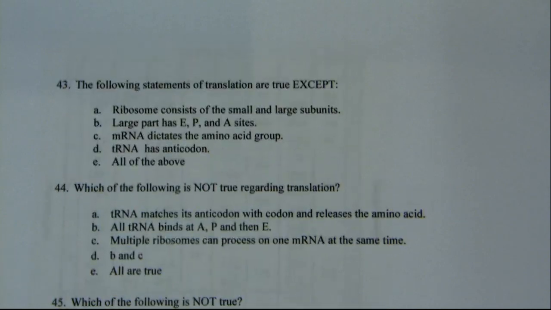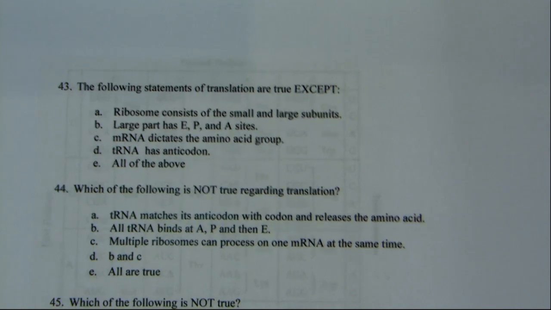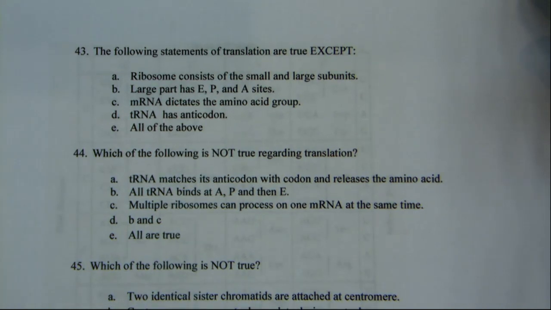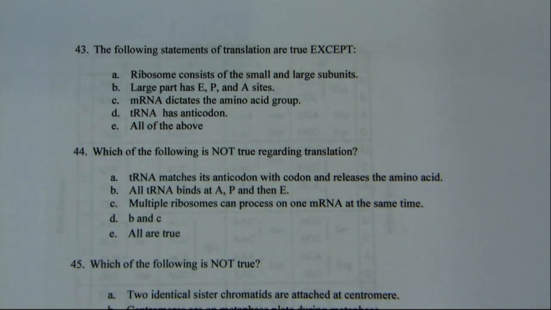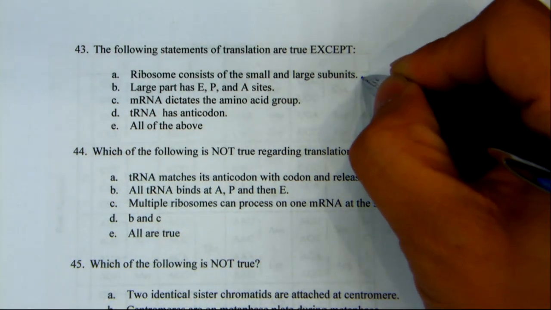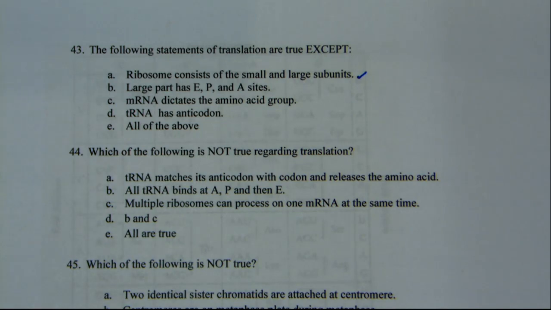The following statements of the translation are true, except. The first one, ribosome consists of small and large subunits, correct, right? The large part has E, P, and A sites.